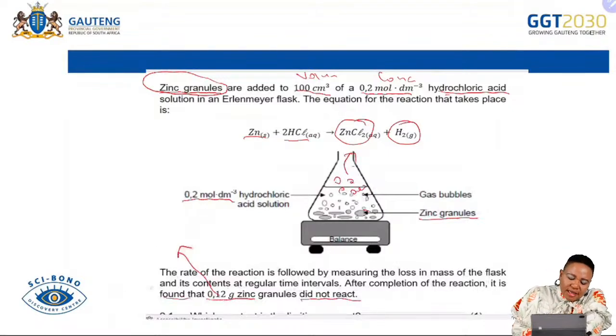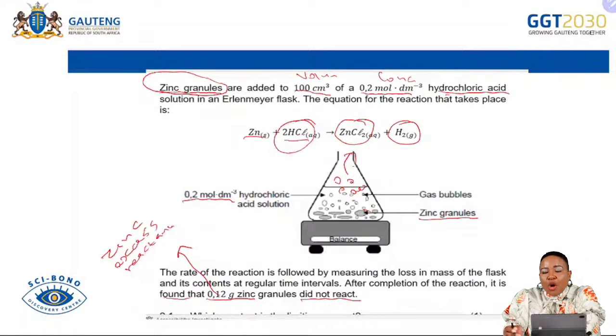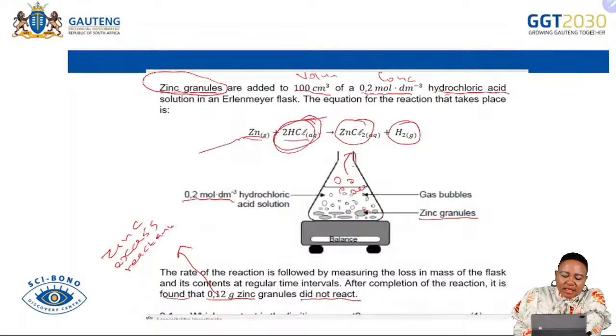So you can see here that our zinc will be our excess reactant, meaning that hydrochloric acid will be used up. So for any calculation in terms of the mole ratio relationship, we can't use zinc, but we will definitely use hydrochloric acid because zinc is in excess.